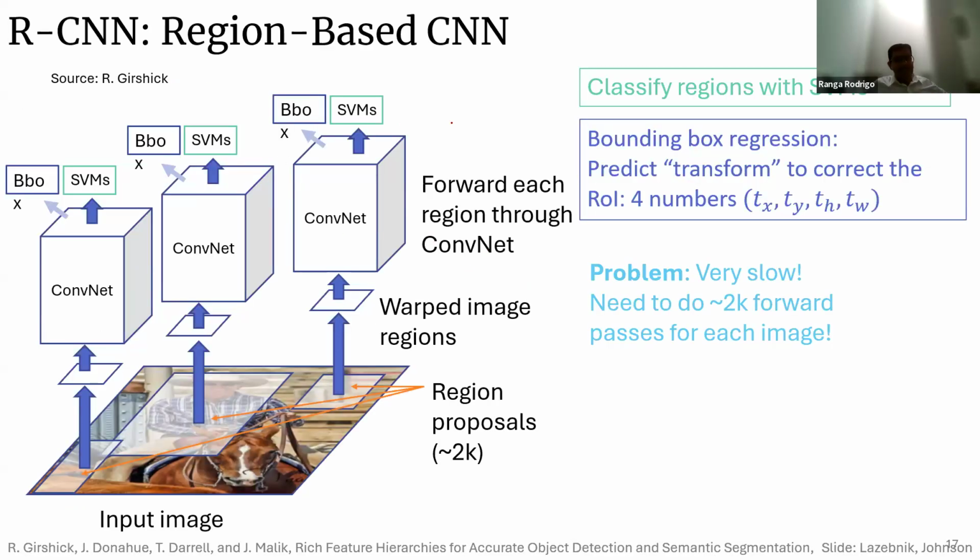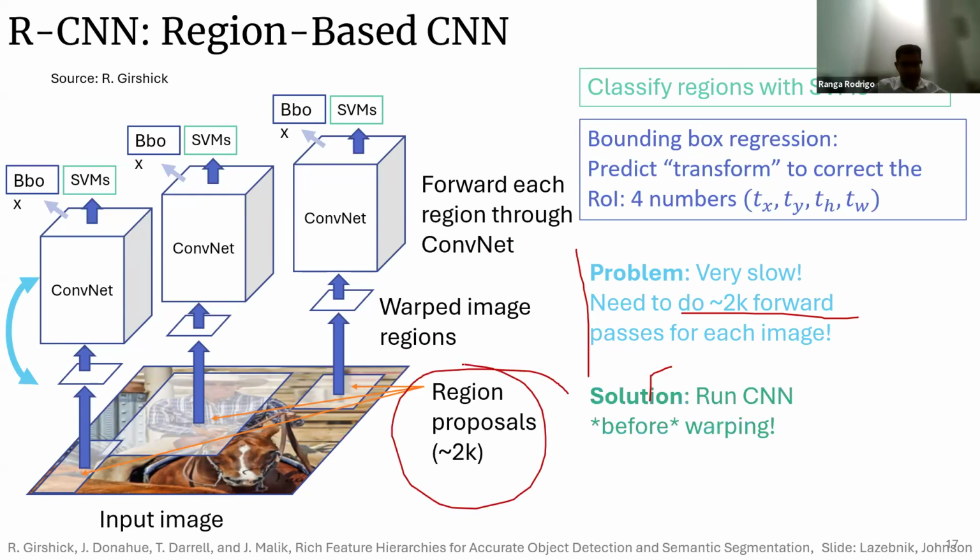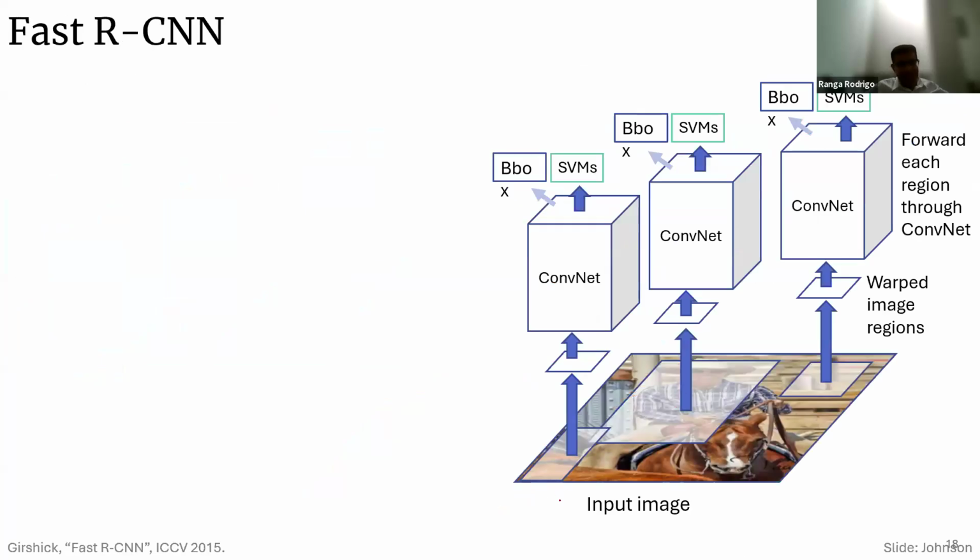So this is the RCNN that we saw. This problem is very slow because we had to run 2000 forward passes on these 2000 regions that the region proposal network would detect. It is a classic region proposal network. So the solution: run CNN before warping. You can see this is the original network that we looked at, so-called RCNN: selective search followed by CNNs.